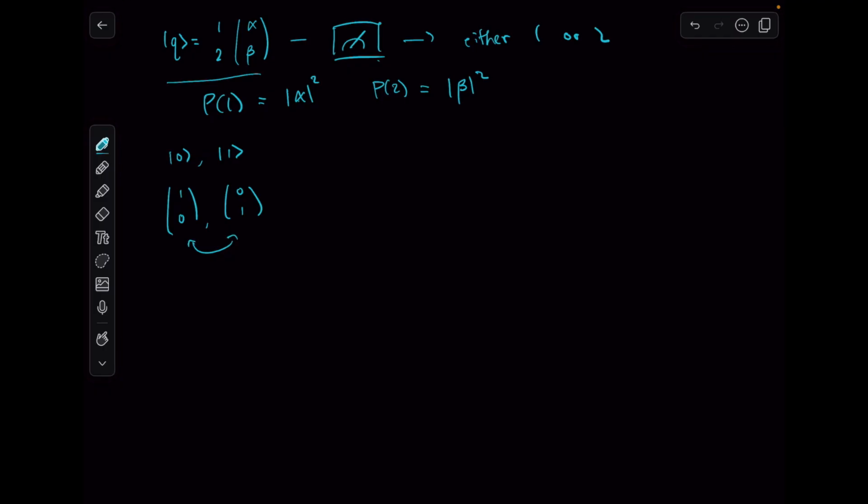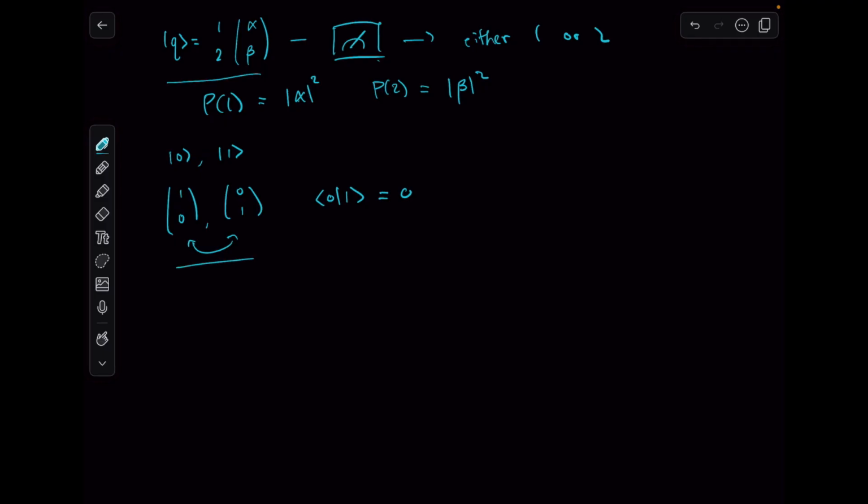And it's useful in a mathematical description when you have two possible states to use orthogonal vectors to represent them. Because the thing about orthogonality is that these are as distinct as they could possibly be in terms of a two-dimensional vector space. So if you take the inner product of one with the other, which is a measure of how correlated they are, you get back 0. And if we want to talk about physically distinguishable states, it's fitting that we're using orthogonal vectors to do that.